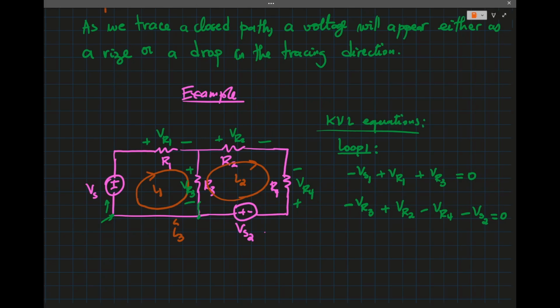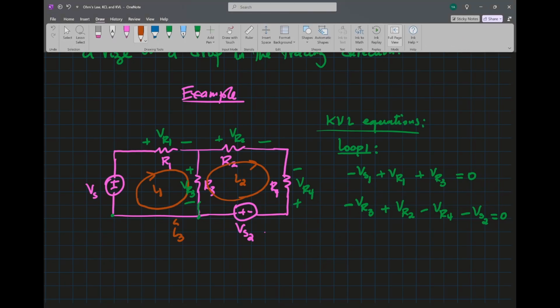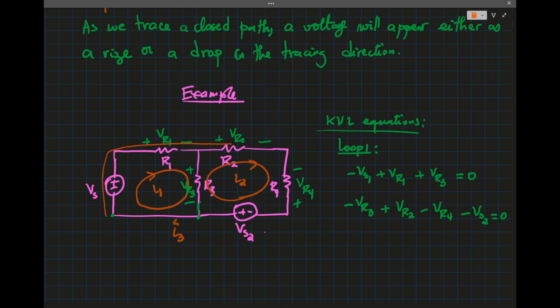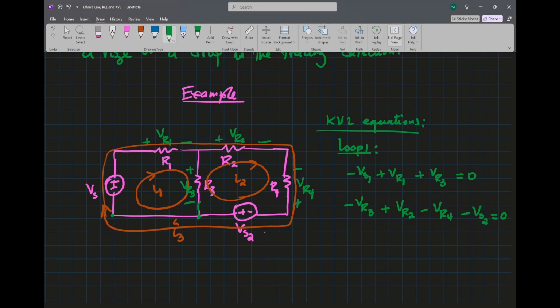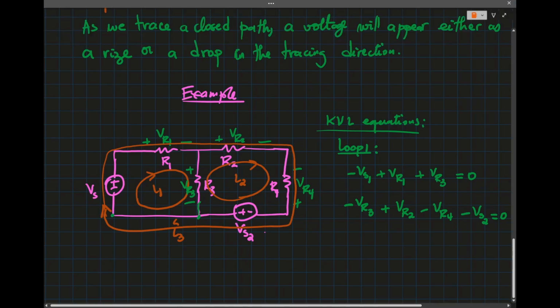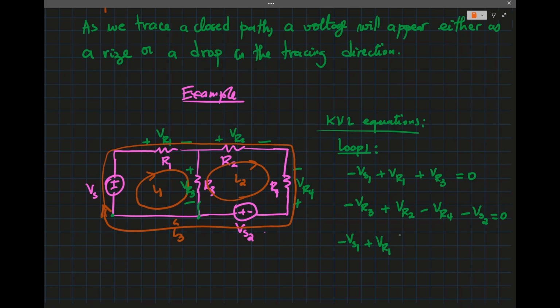Okay, so now if I take the outer loop, right, if I take this loop, starting still from the bottom, starting from that node, I'll have minus vs1, then plus vr1, plus vr2.